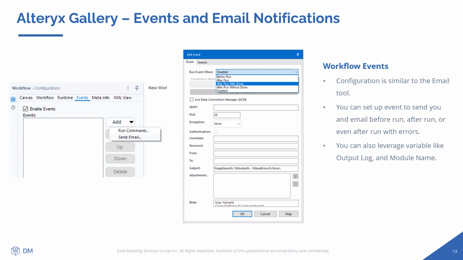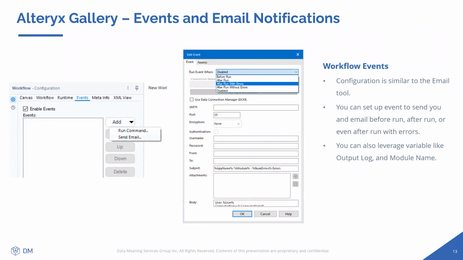What if you received an email notification telling you that the workflow ran, but with an error? You can do that using the events view on the workflow configuration area.